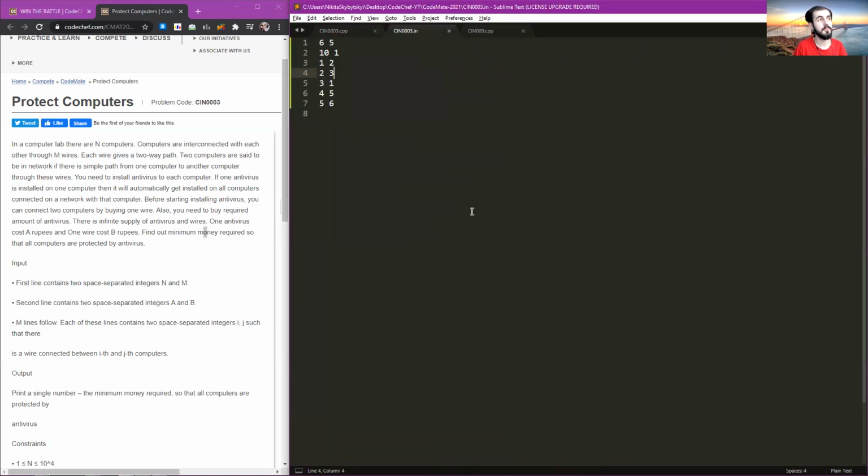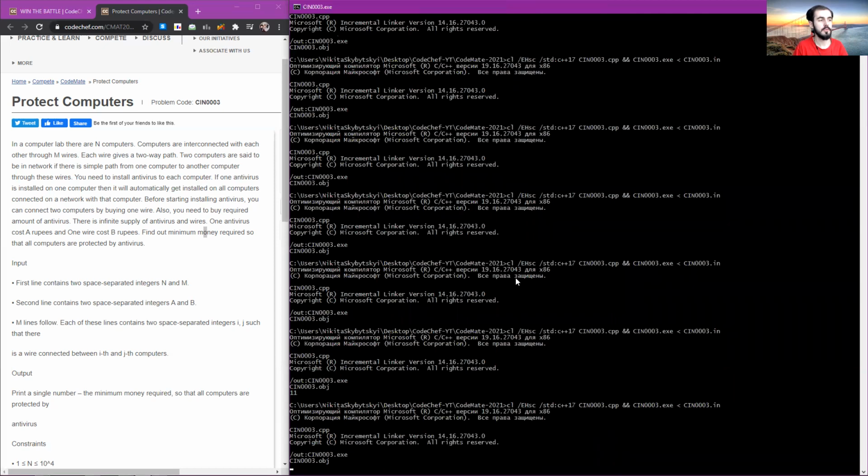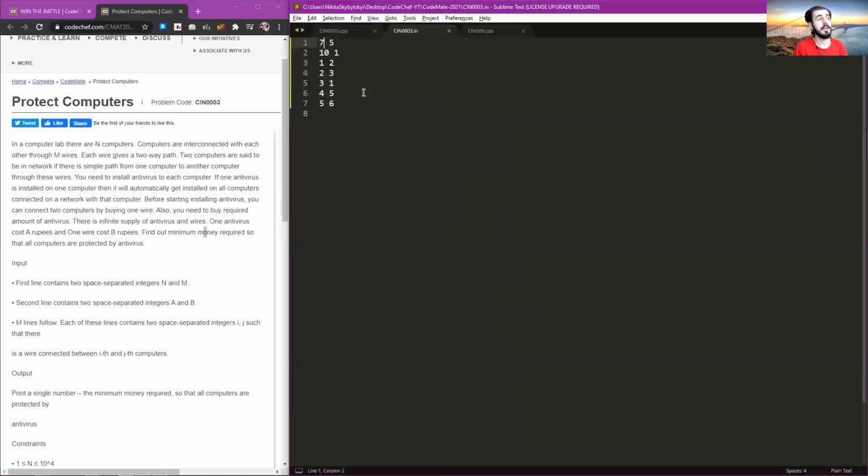11, because we want to buy one antivirus. Well, actually, yeah, this test case should be 12, right? Because we have an isolated component of 7, we have this component, which is also a loop. Want to test for loops.